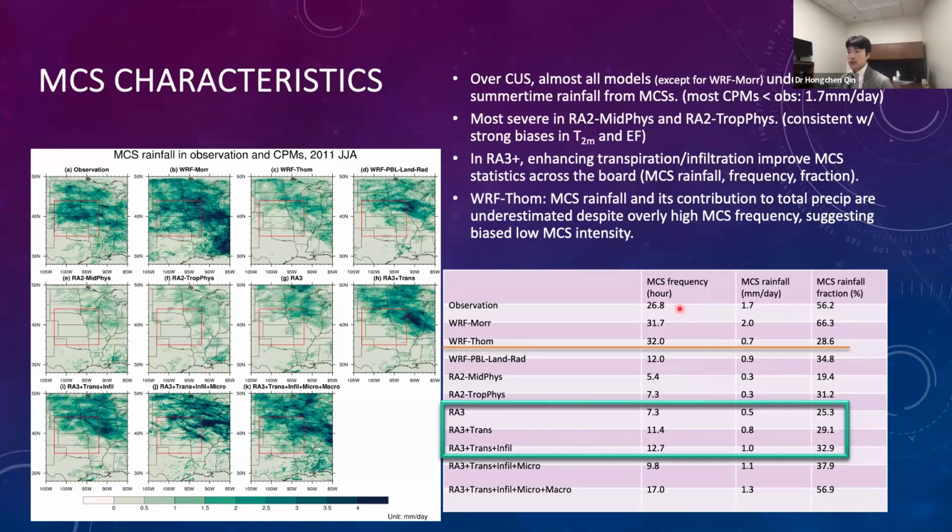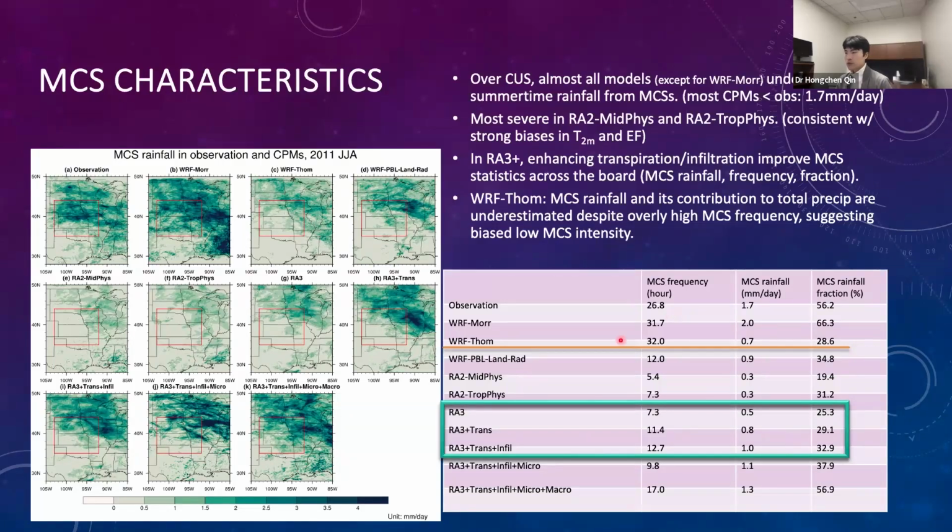Over central US, almost all models underestimate summertime rainfall from MCS, and most CPMs have a smaller value than the observation of 1.7 millimeter per day. We found the most severe underestimate in the RE2 mid-phase and RE2 top-phase simulations. In the RE3 plus runs, enhancing vegetation transpiration and surface infiltration improved the MCS statistics across the board, including rainfall, frequency and fraction.